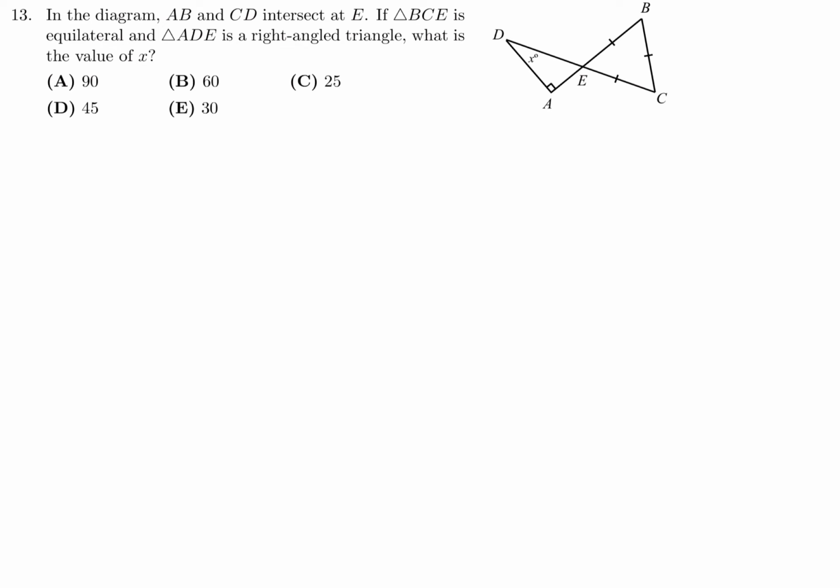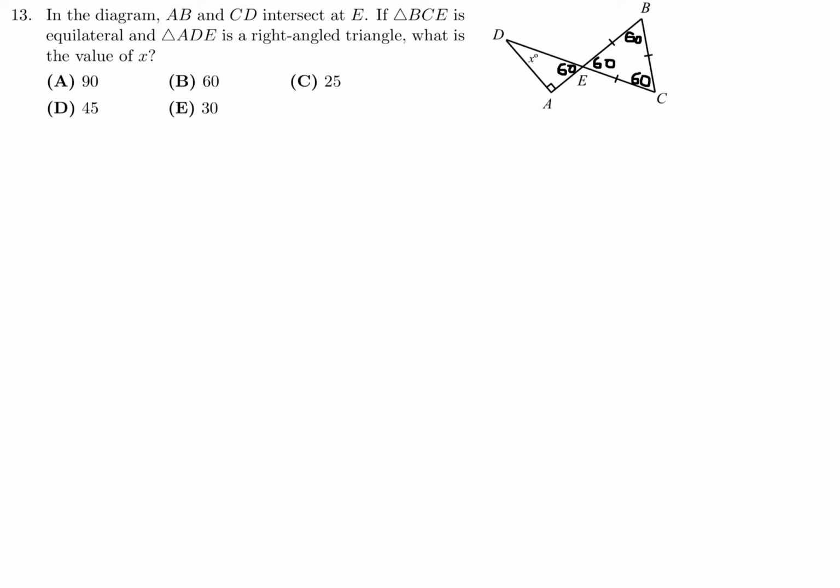In the diagram, A, B, and CD intersect at E. If triangle BCE is equilateral and triangle ADE is a right angle triangle, what is the value of X? This is equilateral, so this would be 60, 60, and 60 degrees. With opposite angles, we can say that that is also 60.